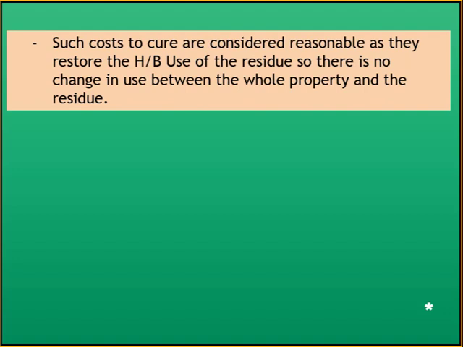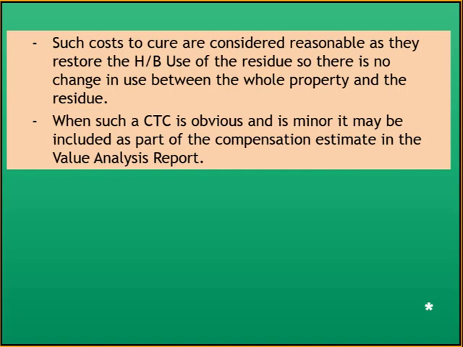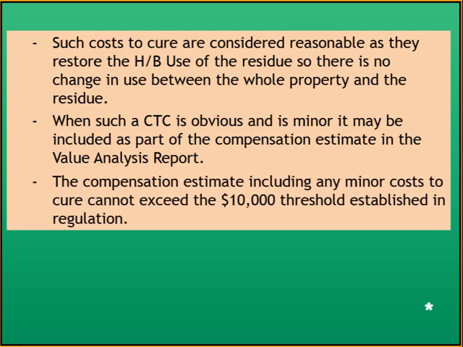Such costs to cure are considered reasonable as they restore the highest and best use of the residue, so there is no change in use between the whole property and the residue. When such a cost to cure is obvious and it's minor, it may be included as part of the compensation estimate in the value analysis report. That compensation estimate, including any minor cost to cure, cannot exceed the $10,000 threshold established in regulation.